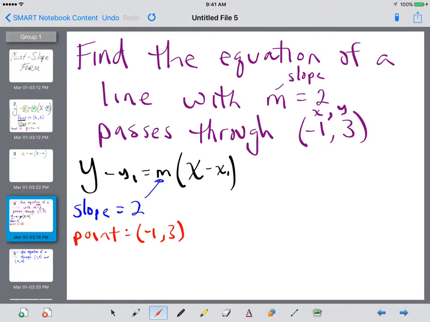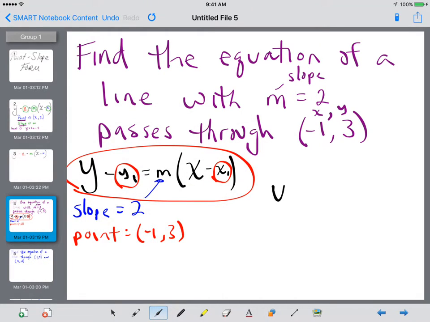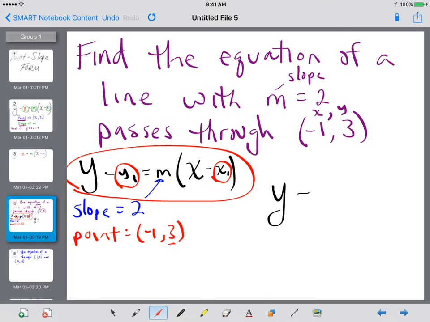So now I'm going to use my formula here. I'm plugging in -1 for the x. That's going to go right here. And 3 for the y. That will go right there. So to write this out, I'm going to write y minus, the y value is 3. So that's where the 3 is going to get plugged in. It gets plugged in for the y1.